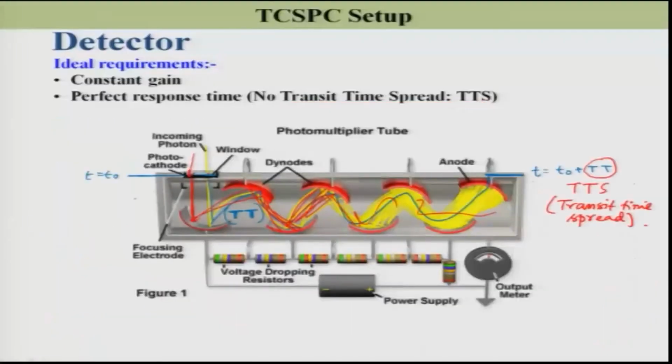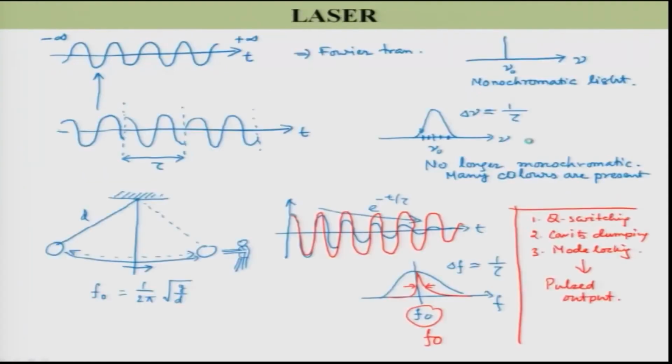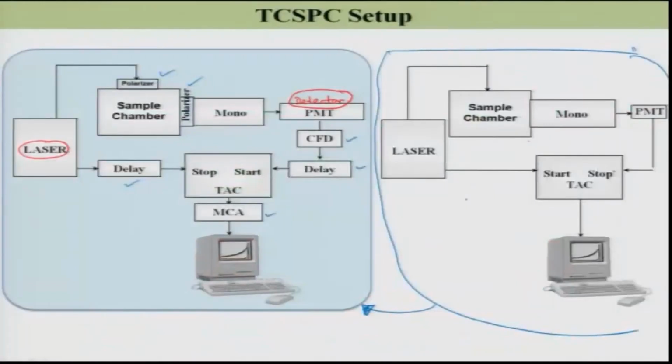I want to measure the arrival time of the photon. If you remember our TCSPC system, the photon arrived here, and it took some time for the conversion, then the electron pulse will go and tell that stopwatch, my TAC, that okay, now I got a photon, so you stop counting. Let's describe it once again.